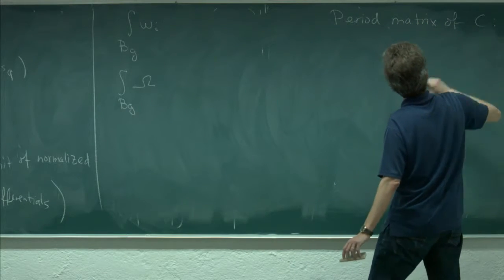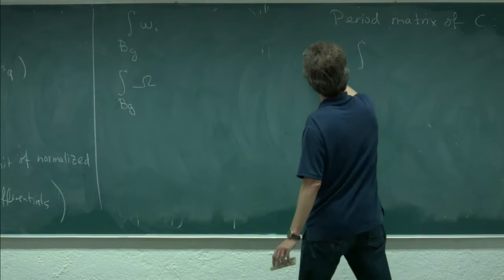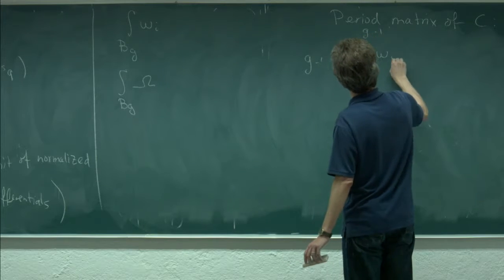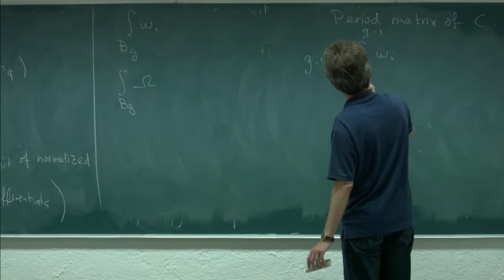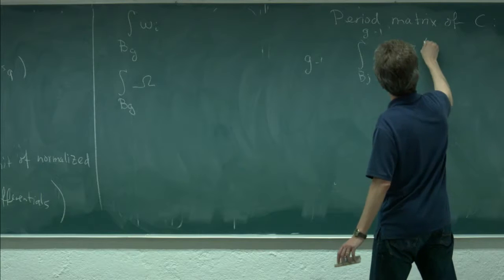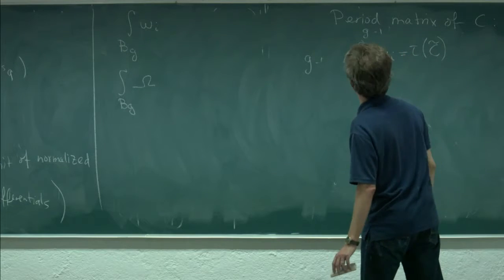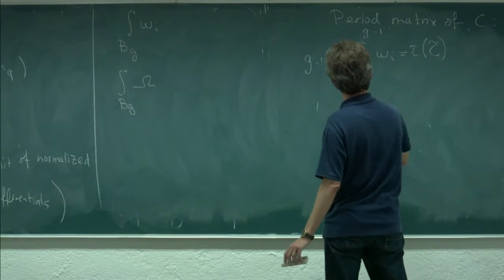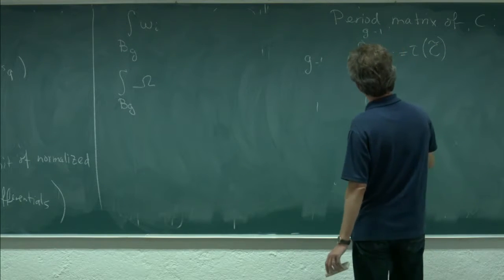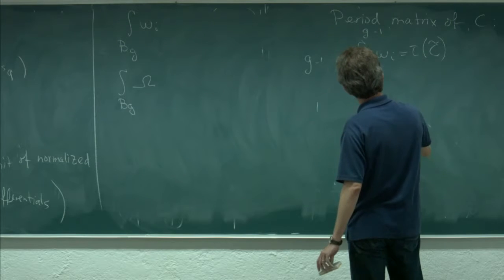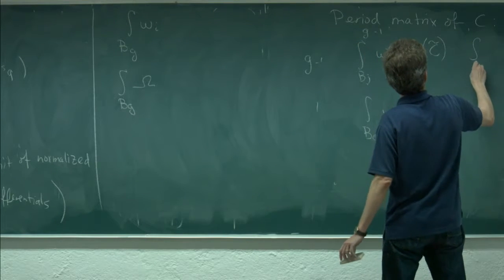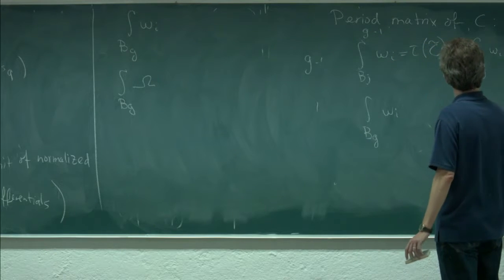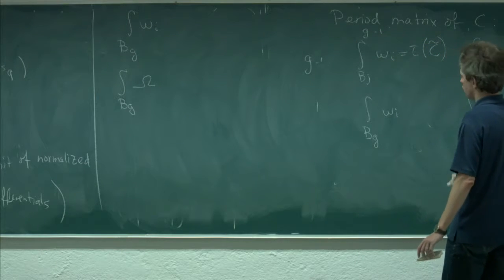It has a g minus 1 by g minus 1 block, which contains the integrals of omega_i over b_j, and this is just the period matrix of the normalization. Then there is one entry here and one entry here, and here I'm supposed to write the integral over b_g of omega_i, and here the integral over b_g of omega_i, which are the same, and here the integral over b_g of omega.